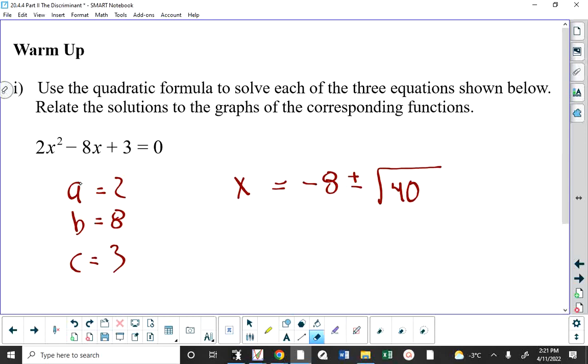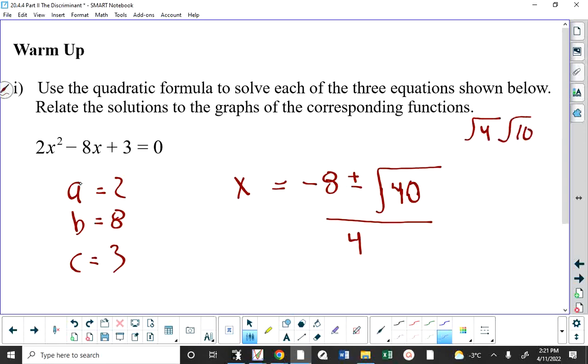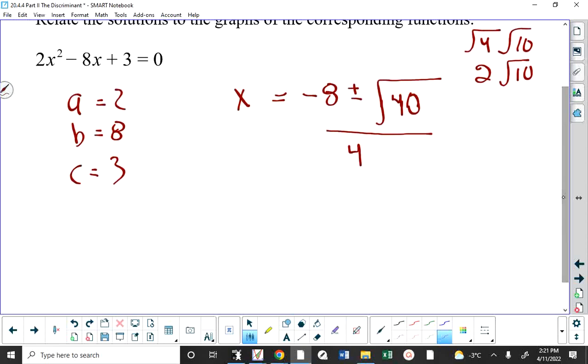Mentally, I'm somewhere else today. 40? Okay, we're good. And then over 2a, which is 4. And root 40 is root 4, root 10, which is 2 root 10. X is equal to negative 8 plus or minus 2 root 10 over 4.